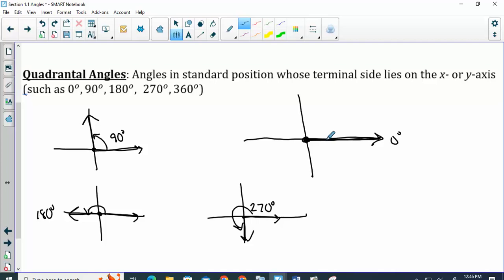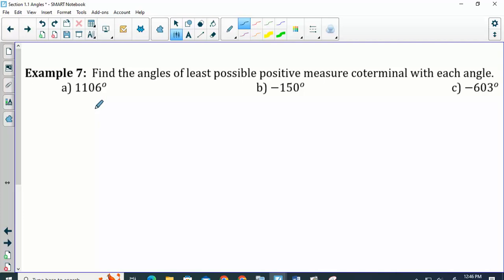Okay, so let's practice finding a coterminal angle just to make sure we understand what I mean by that. Coterminal, remember, ends in the same spot. It's the same position. We're just looking at a more reasonable number. So if I said 1,106 degrees, we typically want an angle between 0 and 360.